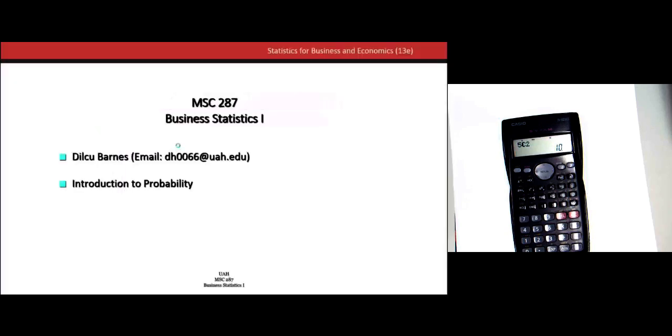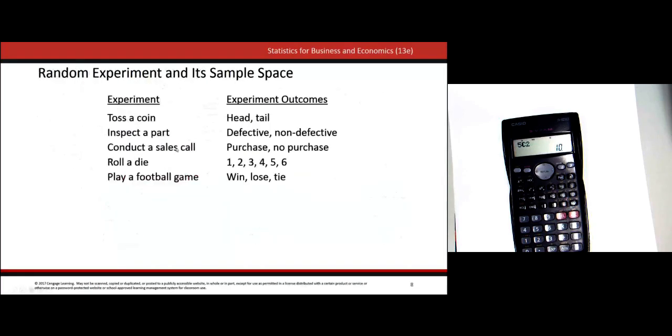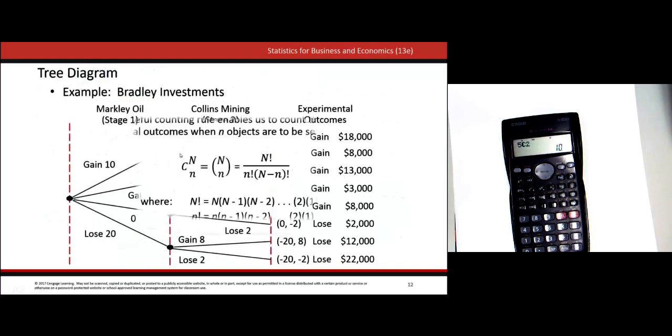To see the difference between combination and permutation, we will look at this example. Consider a quality control procedure.